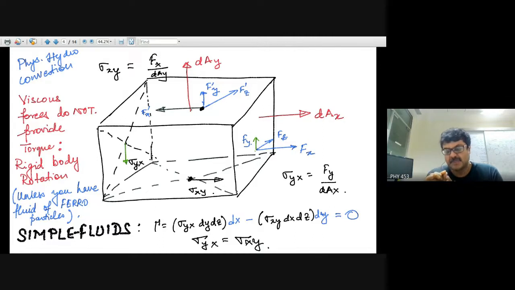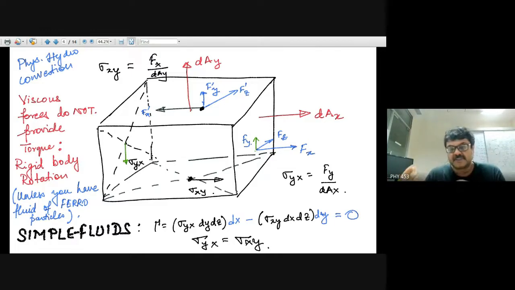It's a very small element of the fluid, and this force which is acting is not changing the center of mass of the fluid. There is no change in the density or the center of mass of the fluid. If these were different, then there would be a net flow of the fluid. These are equal, and they will be related only to the velocity gradient tensor.